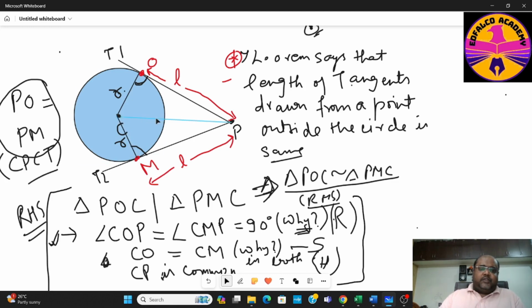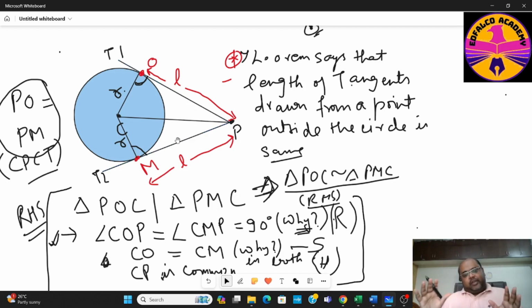And this third one, which is the hypotenuse, is nothing but a common side of both the triangles. And therefore, I can say these two triangles are congruent. And based on that, corresponding parts of congruent triangles are equal. I can say that PM is equal to PO. And that is how I establish the theorem that indeed the lengths of the two tangents are equal.